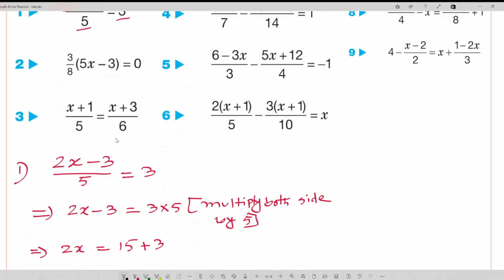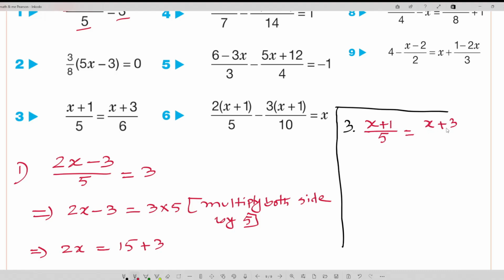Now number 3. (x plus 1) divided by 5 equals (x plus 3) divided by 6. Now look, we can do one thing.